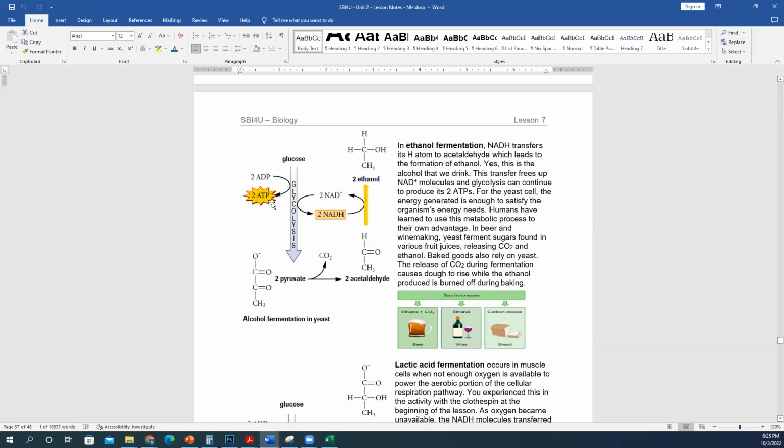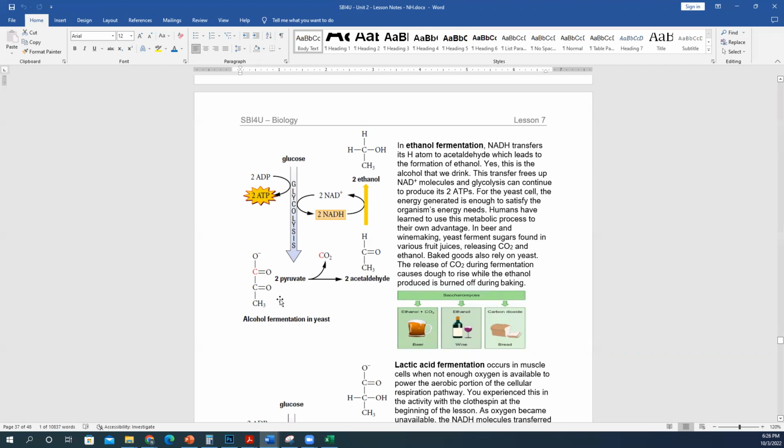Now for yeast cells, this energy is enough to satisfy the energy needs of a small organism such as yeast, but for us, we're not a small organism such as yeast.